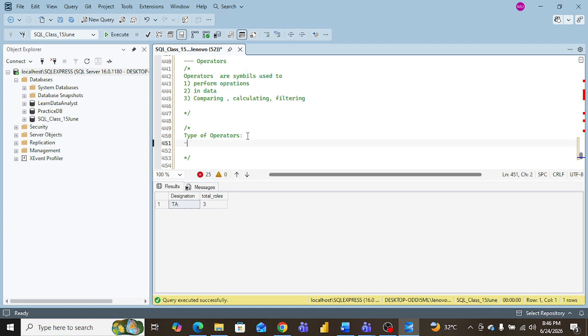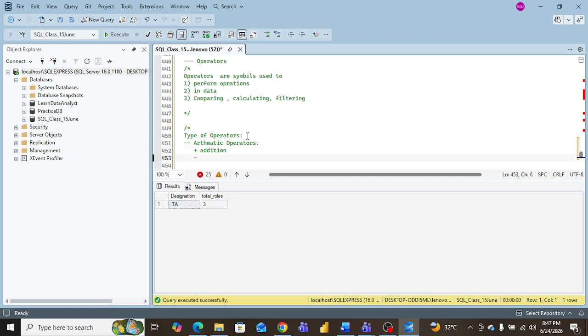So this is the arithmetic operator. We have to learn arithmetic operators. What are arithmetic operators? The first one is adding, for addition, right?